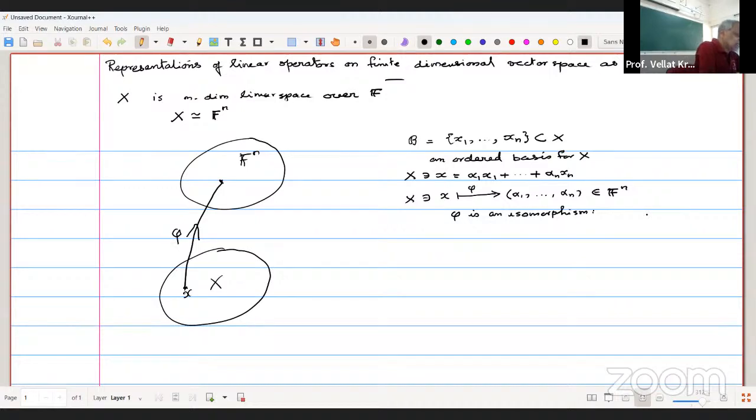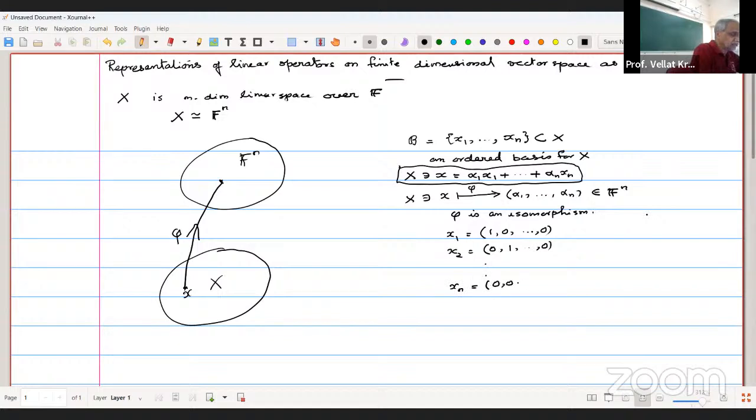Let us see. This is the basic definition that you have used to identify these ordered bases. Now you see that x1 is identified with 1, 0, ..., 0. x2 is identified with 0, 1, 0, etc. xn is identified with 0, 0, ..., 1.